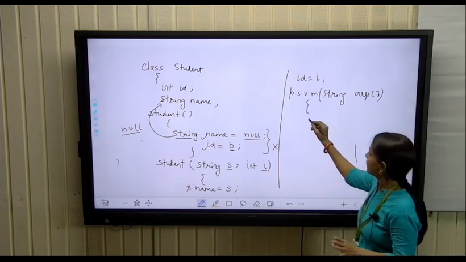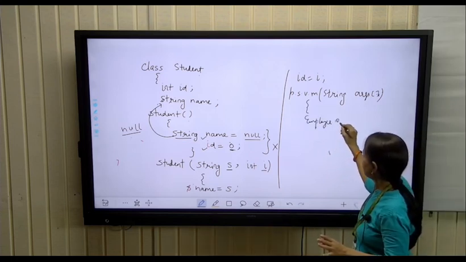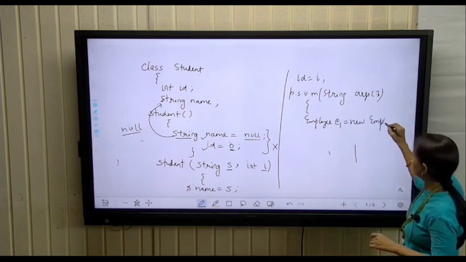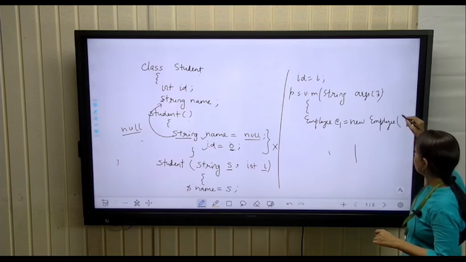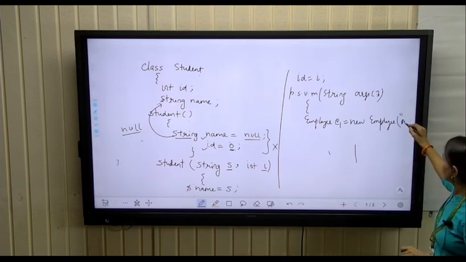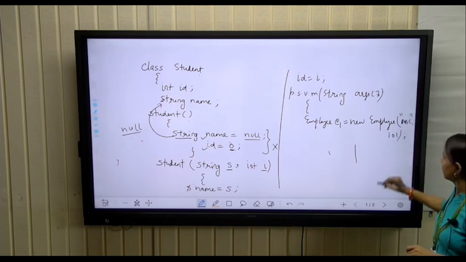Now we'll have to create the object of that class Employee. E1 is equal to new Employee. Now I'll pass here the first one is ABC and second one is 101.